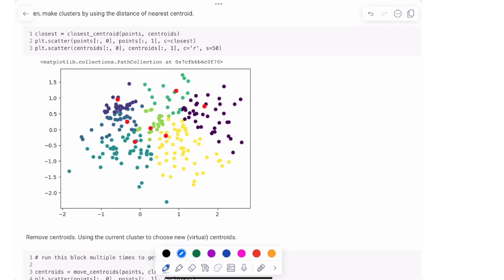That means this data point's closest red point is right here. So you can see that for some data points, their smallest distance is to this specific red point. You color them using the same color, and so on and so forth.